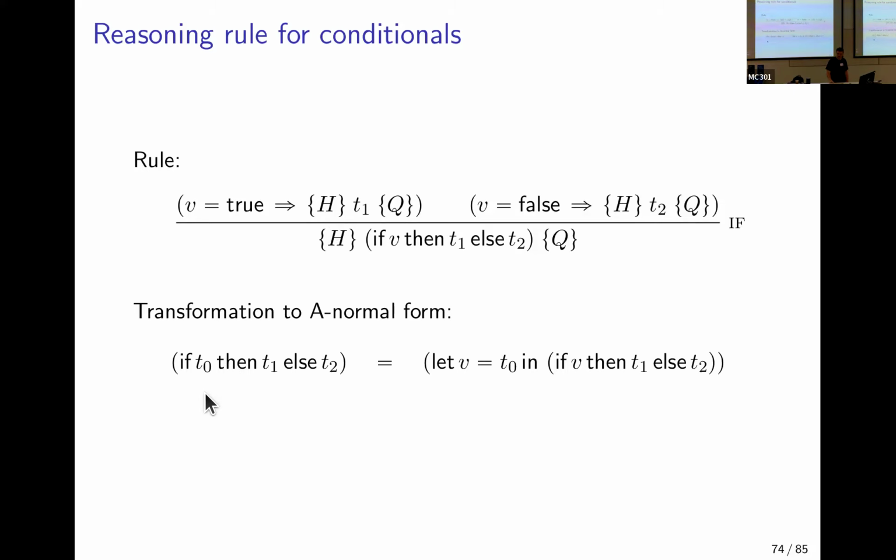So every time you have something that is not a value that is in position of a value, you say let V is equal to this expression in if V then T1 else T2. That way you can apply first the rule for binding and then the rule for the if. So you don't have to have a very complicated rule for if, because otherwise if you have an expression that does some side effects, then you need a much more complicated rule for if, which is necessary sometimes. It depends on your language.